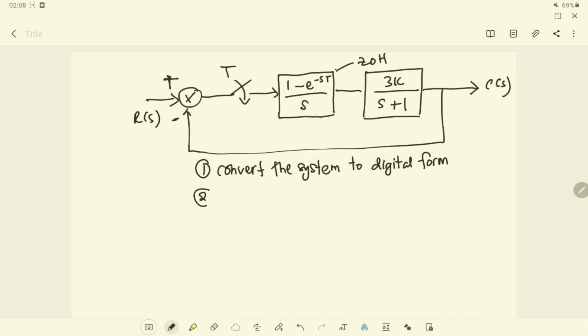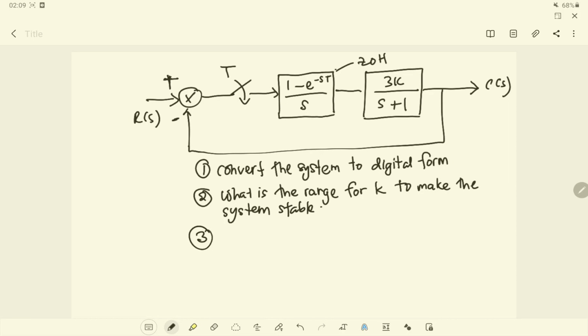Second, you have to determine the range for k in order to make sure the system is stable.